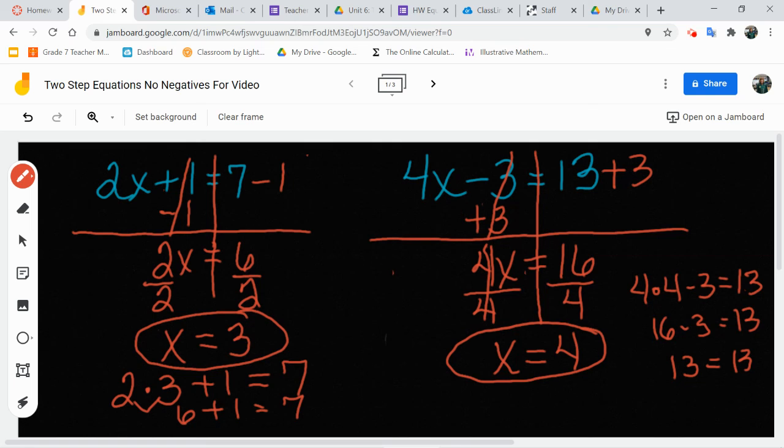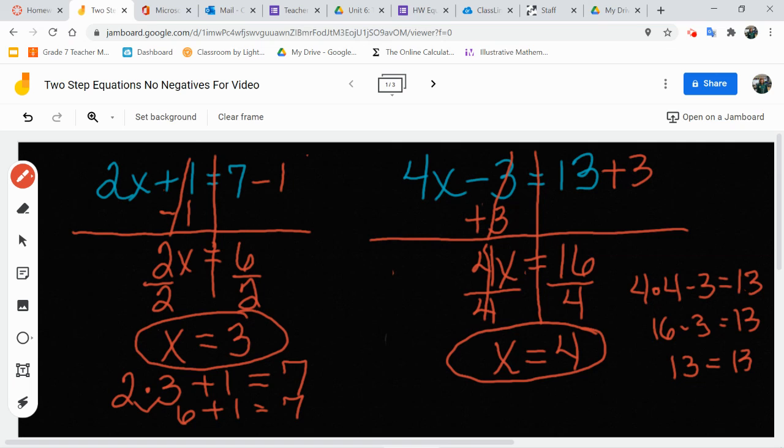This is how you solve basic two-step equations. There were no fractions in this yet, no negatives. So now what you're going to do is go work the problems that you were assigned today, the 5 problems, write them down on paper, use the steps that I've shown you. Your first step is always to do the opposite of addition or subtraction to both sides.